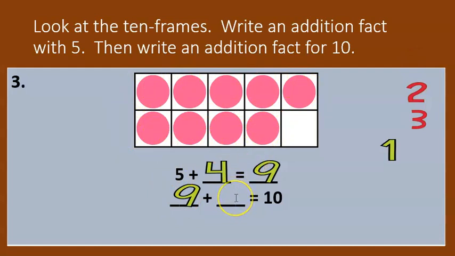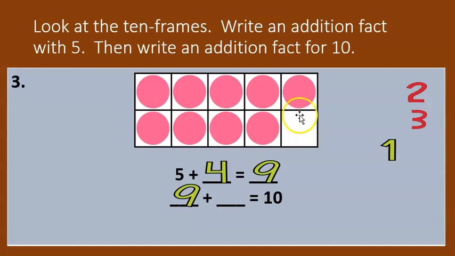Now, to get this answer here, we have to count up how many squares do not have a pink circle. How many squares do not have a pink circle? How many? 1.